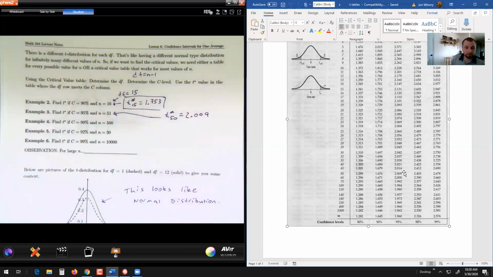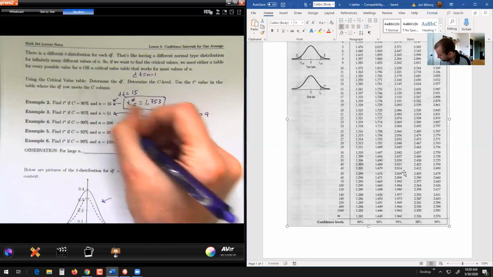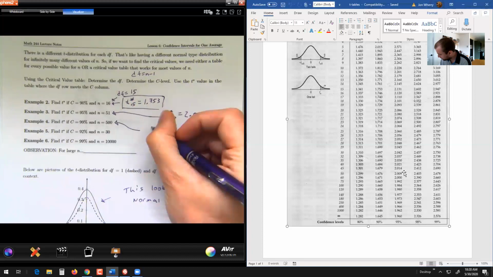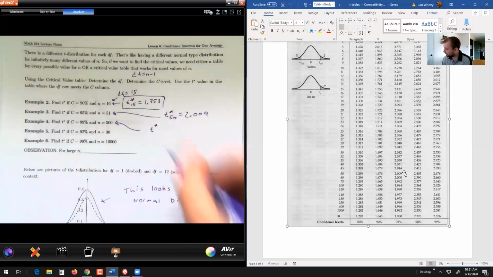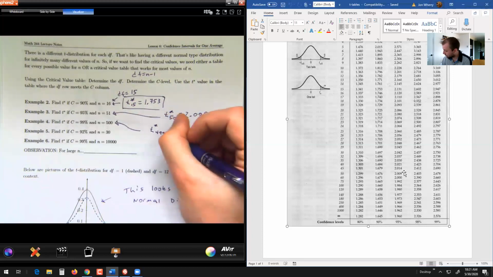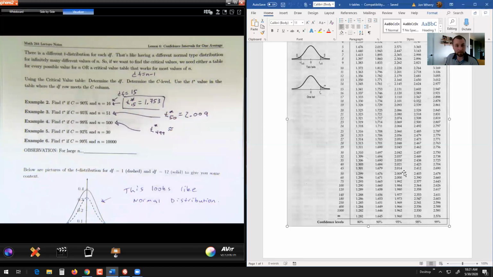Let's try another one. I'm going to do 99%. 500 samples, so one less for my degree of freedom, 499. And for 499, I have 400, I have 1,000, so it's not perfectly in the table. I can either take the value above, the value below, or average them out, but let's see what column I should be in. 99%, so the last one.